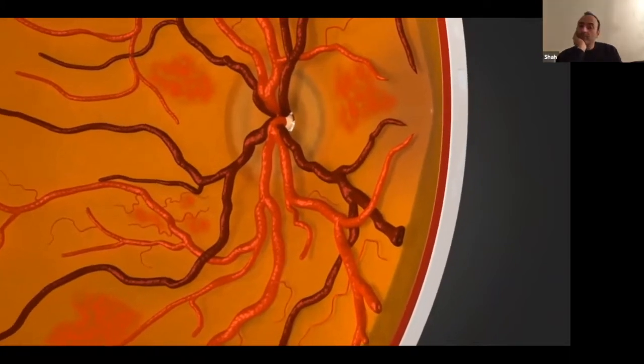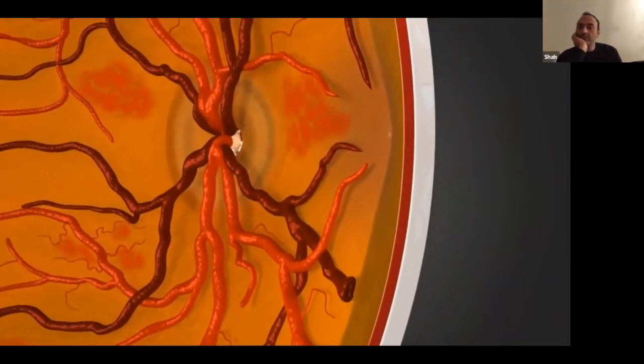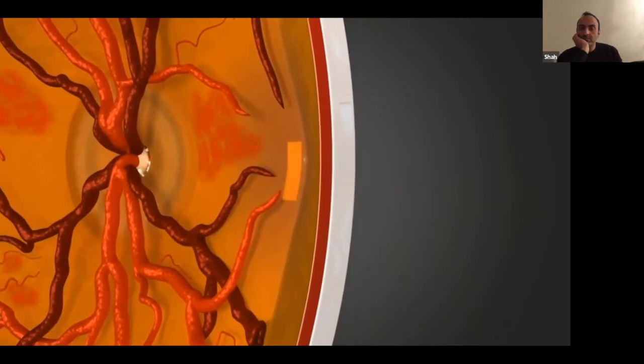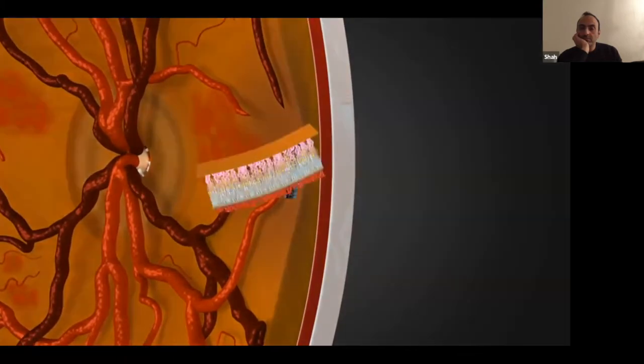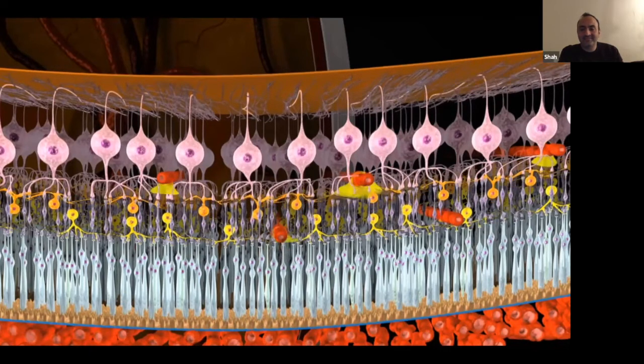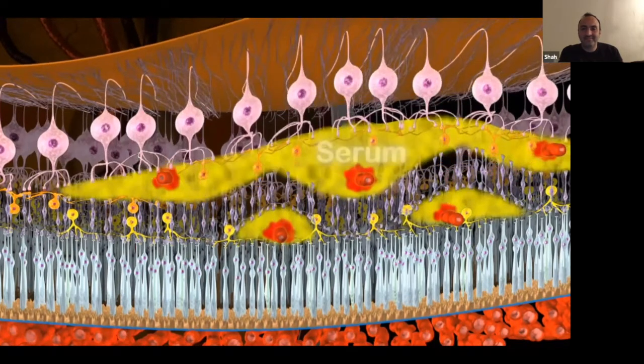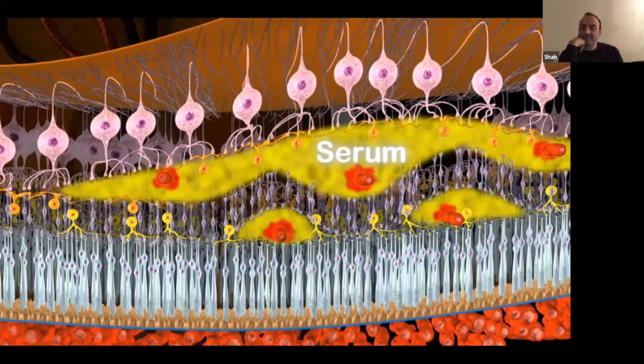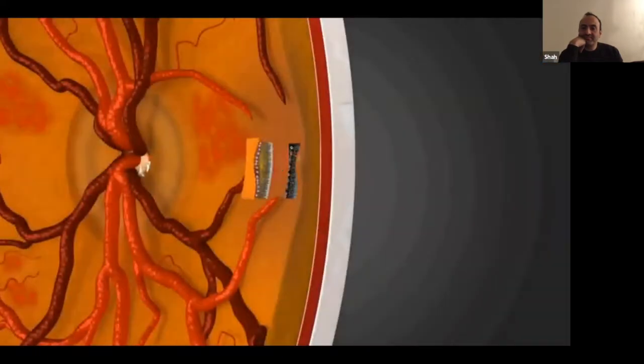If the pressure gets high enough, the vessel walls can rupture and blood can leak into the retina. In addition to bleeding, serum, the fluid consisting of small proteins and lipids, can also seep into the retina. This resulting leak can lead to macular edema, a cause of visual distortion or visual loss.